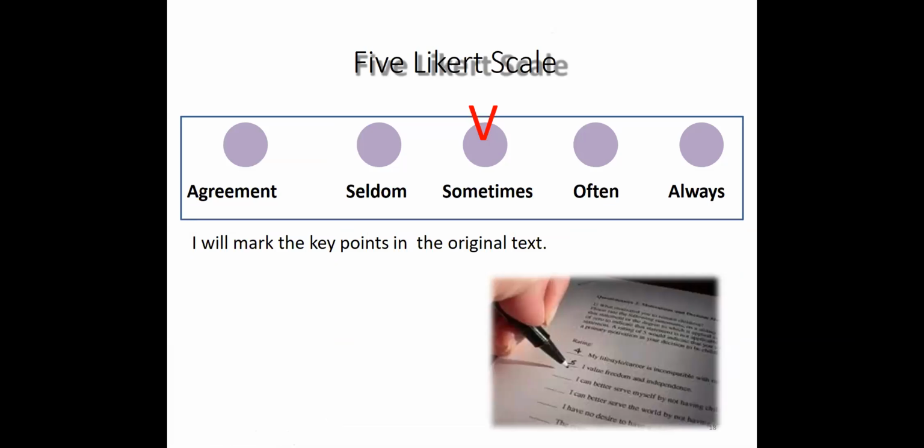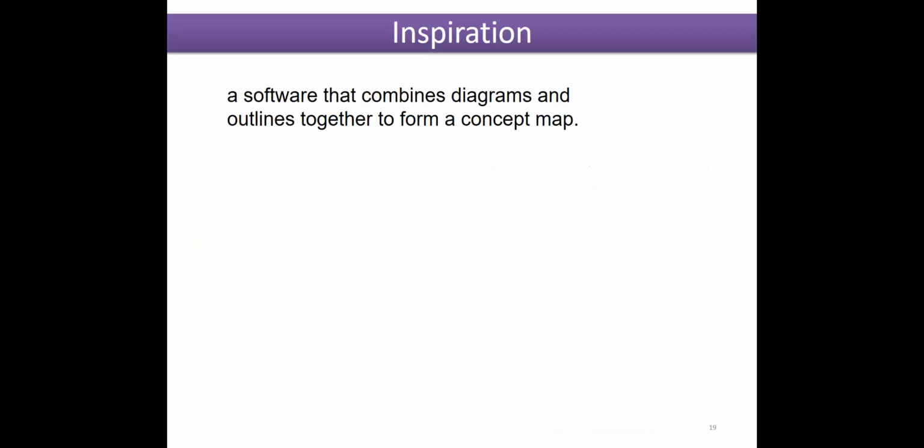So I want to introduce the 5-point Likert scale. We will have a range of agreement: never, seldom, sometimes, often, always, to go with the questionnaire. Next, I want to introduce the Inspiration software.